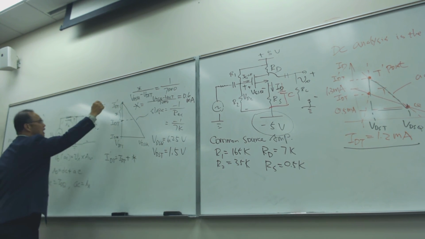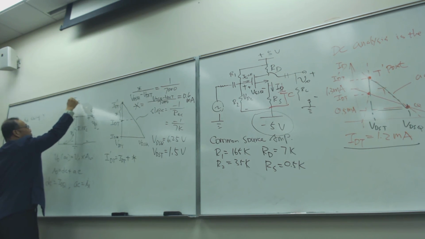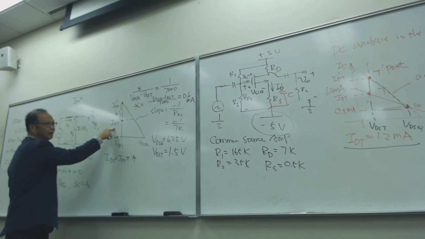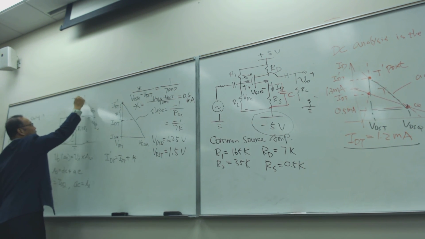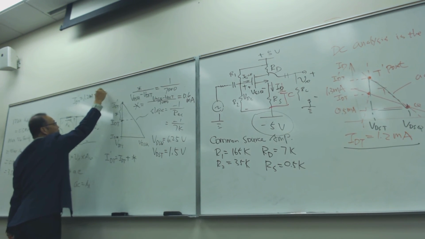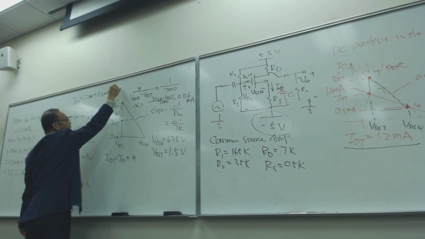So therefore, IDT prime is equal to IDT plus that, right? IDT was 1.2 milliamp plus 0.6 milliamp, so it's 1.8 milliamp.